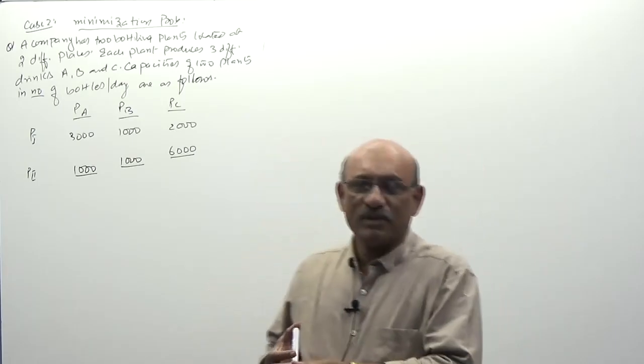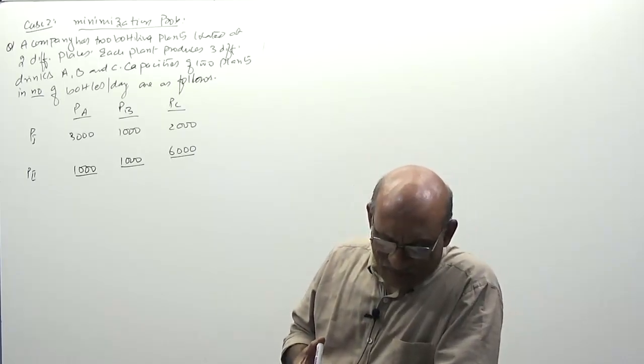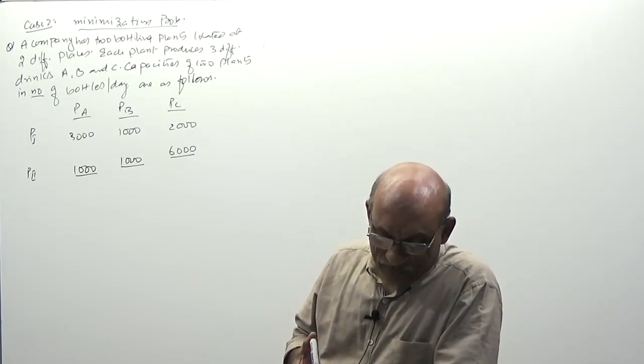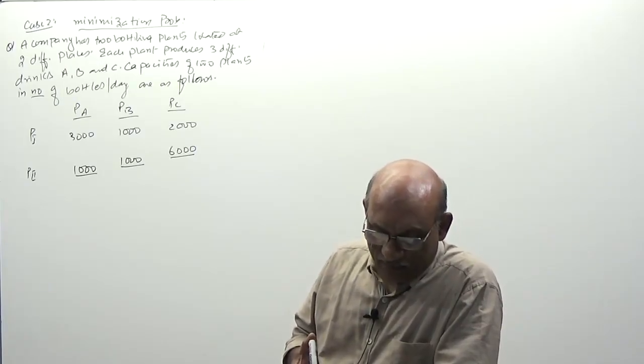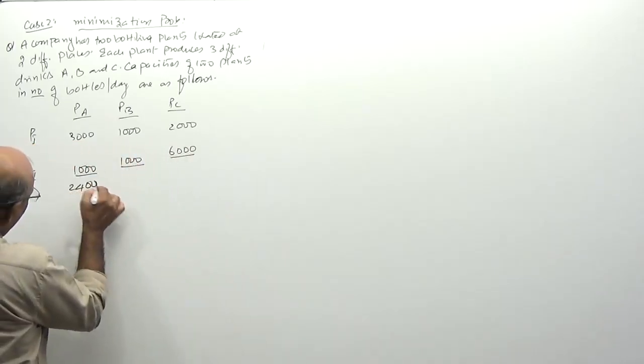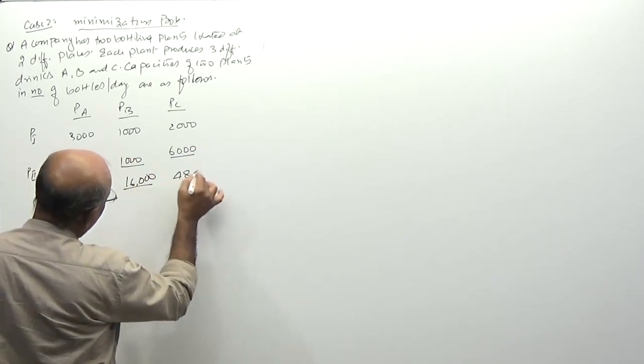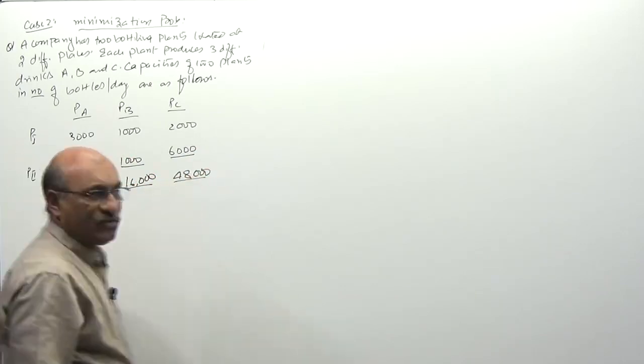What additional information is given to us? A market survey indicates that during any particular month there will be a demand of 24,000 bottles of A, 16,000 bottles of B, 48,000 bottles of C.